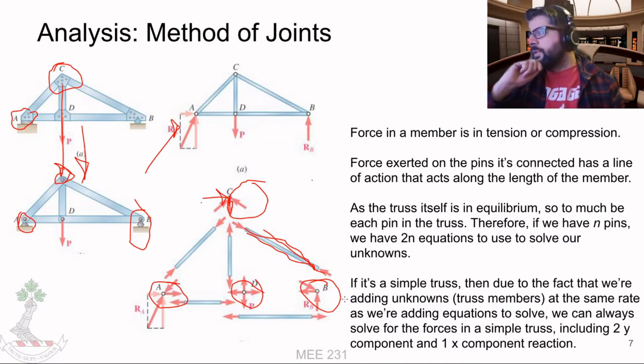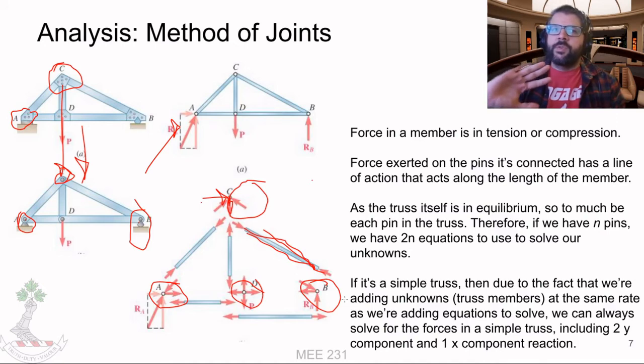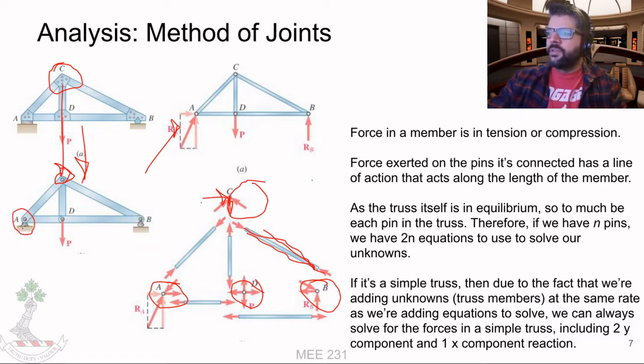So as long as we're sticking with the simple truss, we can always solve the equations that we have. And again, that's assuming that we started out with a structure that was determinate, which generally means that we're going to have the supports in the form of a single pin connection and a single rocker, and then work from there.